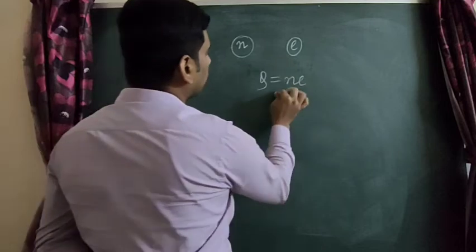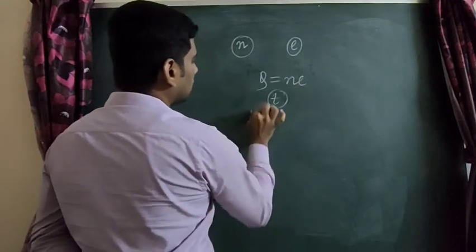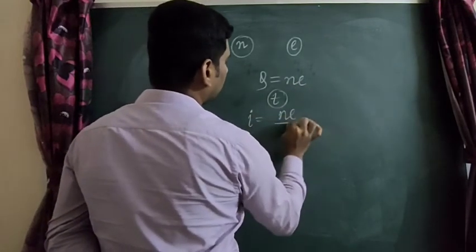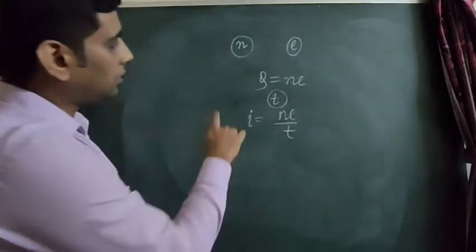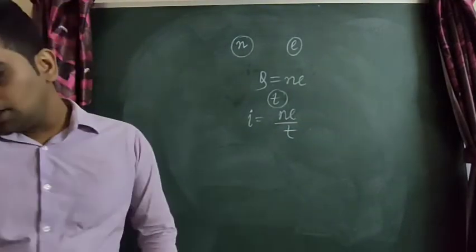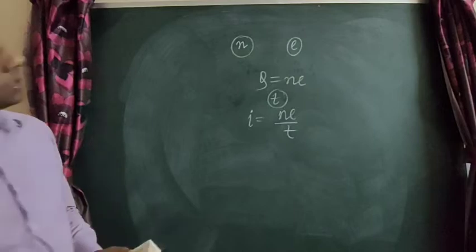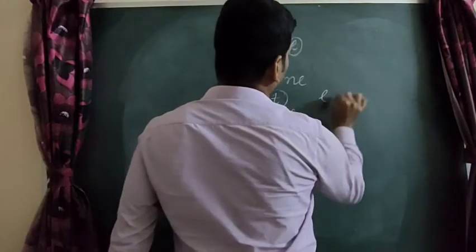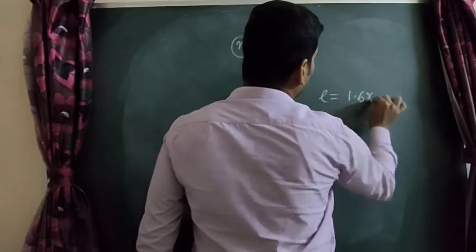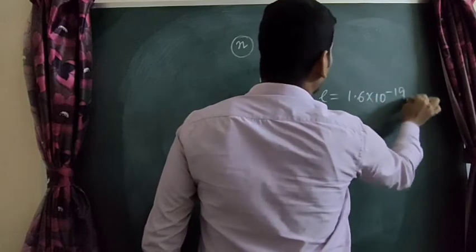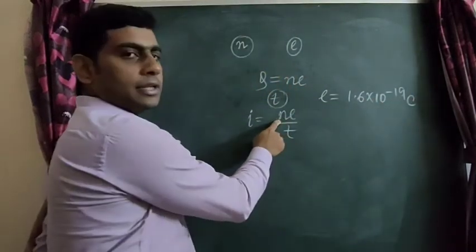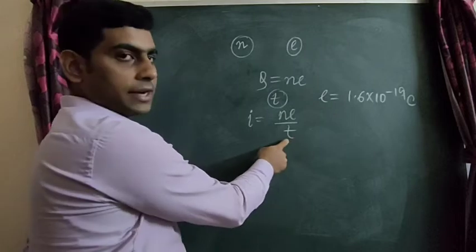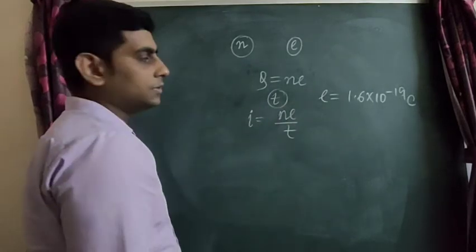And if this flows in time t, the current is n into e by t. This is also calculated like this. And you know very well the value of e, 1.6 into 10 to the power minus 19 coulomb. From this, you know how many electrons there are and what the time taken is. Time is taken in seconds. You can calculate the current.